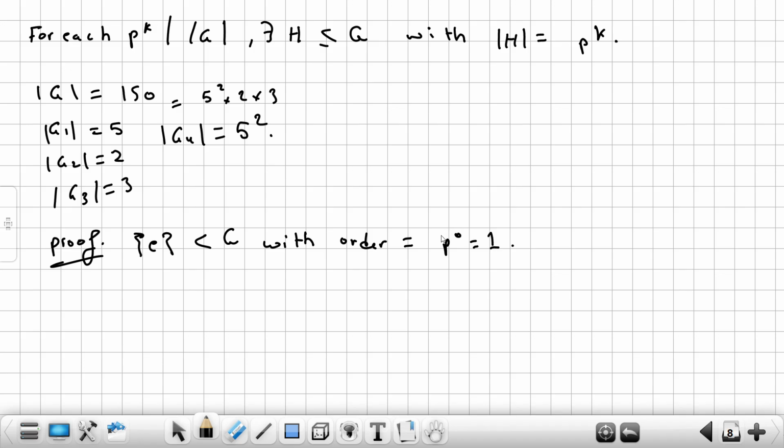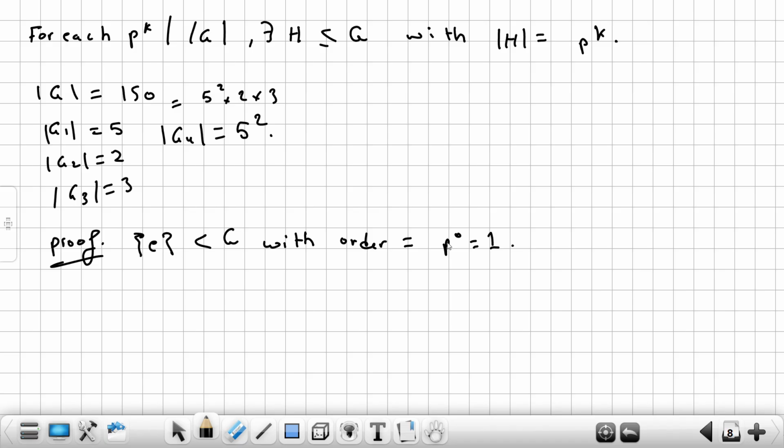So now we have a subgroup of G with order equal to p^0.